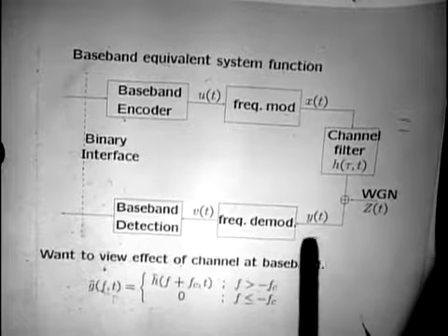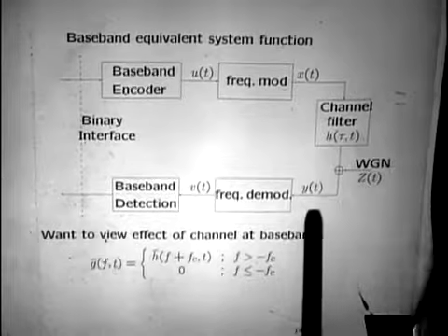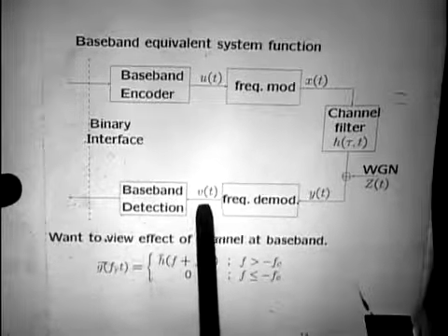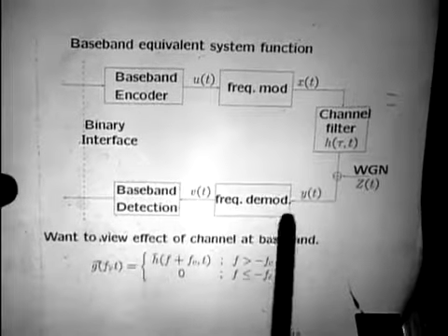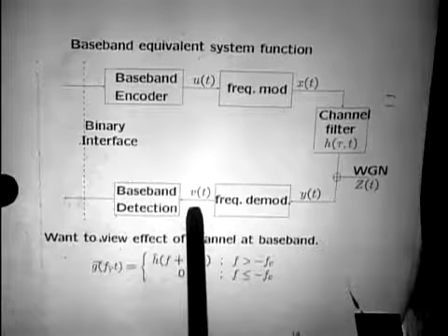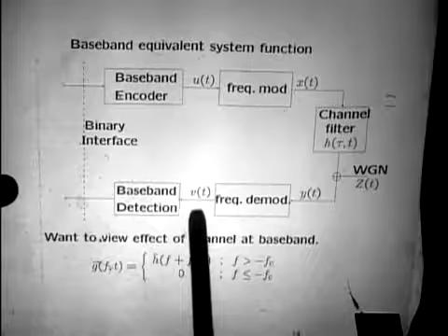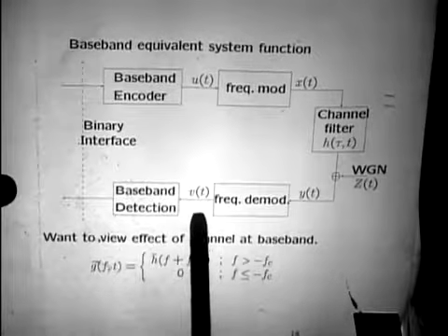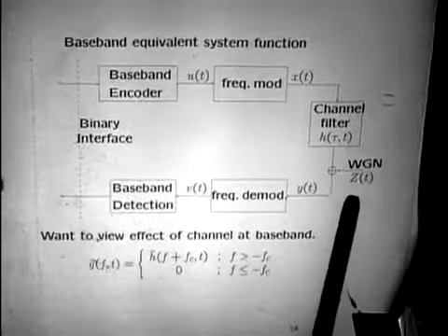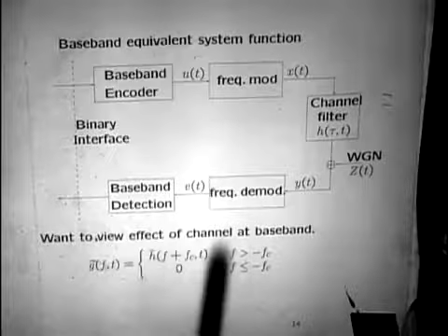We then get y of t out, which has now been shifted around, smudged in frequency a little bit. We go through a frequency demodulation, getting down by this carrier frequency, to v of t, which is now a baseband complex function again, which is supposed to be the same as this, except for the white Gaussian noise and except for the fact that we've gone through this filtering operation here.